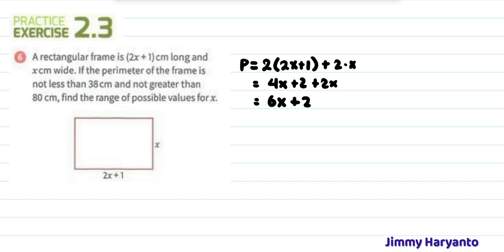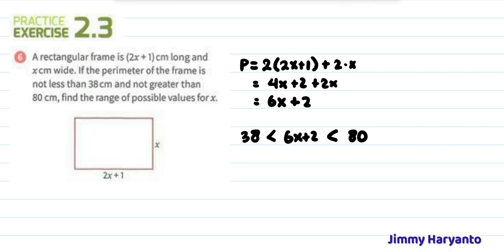Not less than means greater than, not greater than means less than. So 38, the perimeter is 6x plus 2, and the larger value is 80. In between means less than. It says not less than, no equal sign. Not greater than, also no equal sign.